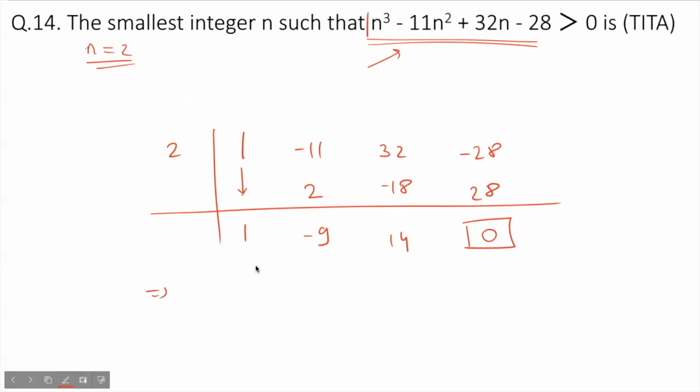Okay, so from here, we can check out the other factors of this particular equation. We have 1 into n square minus 9 into n plus 14, the constant term, and the remainder is 0. So this equation can be simply written as n minus 2, the divisor here, into n square minus 9n plus 14.